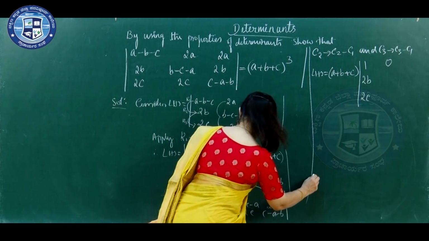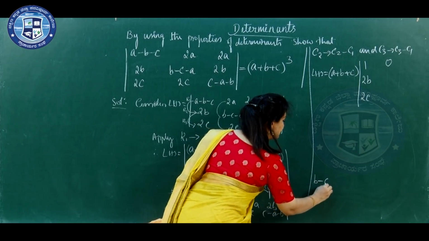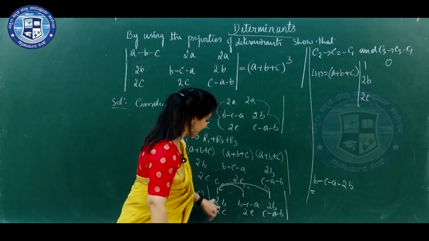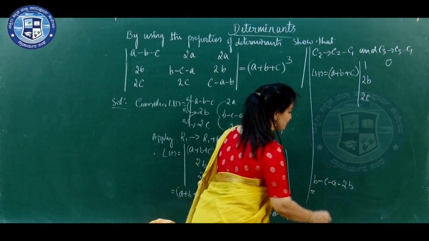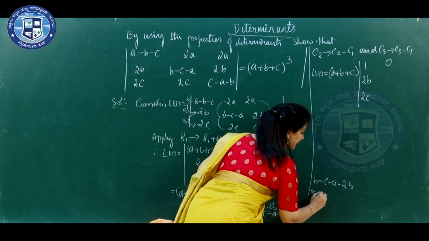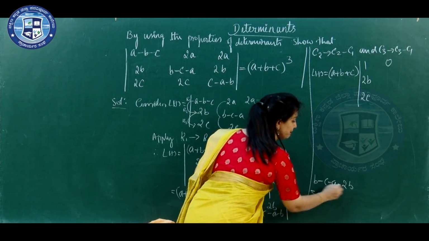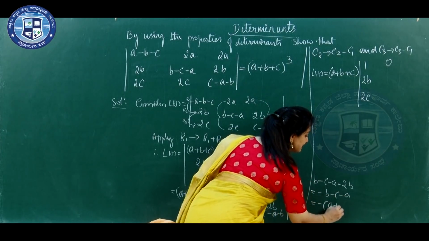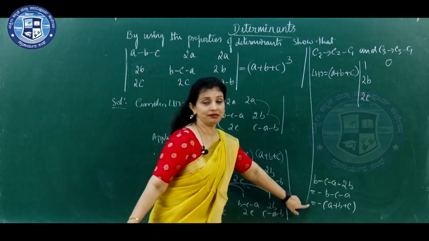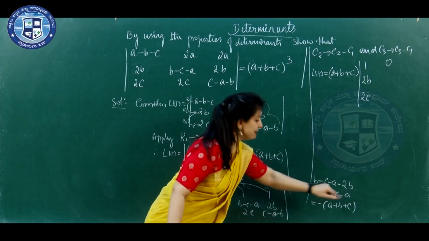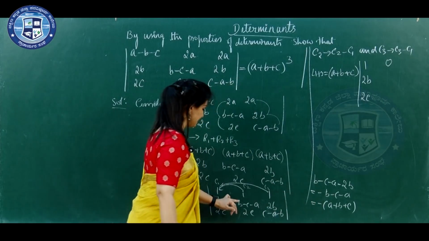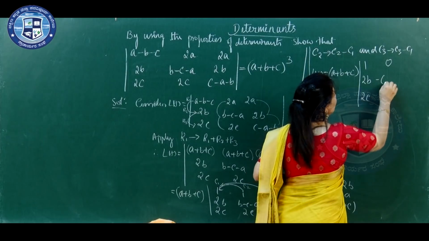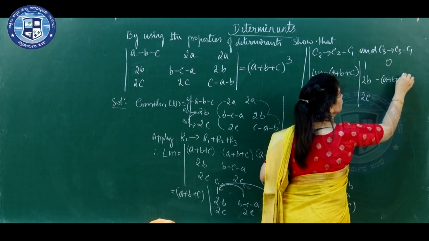When you subtract these two, B minus C minus A minus 2B is minus A minus B, B minus 2B is minus B, minus C minus A. Take the minus sign out, it is A plus B plus C. So, the next element is minus of A plus B plus C.